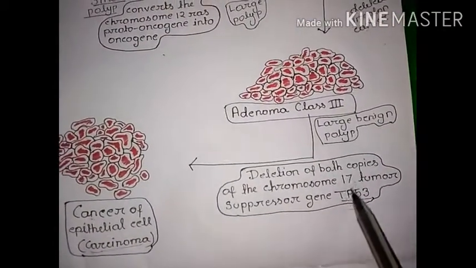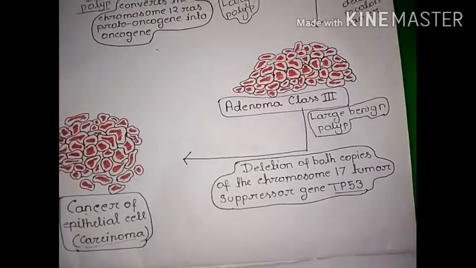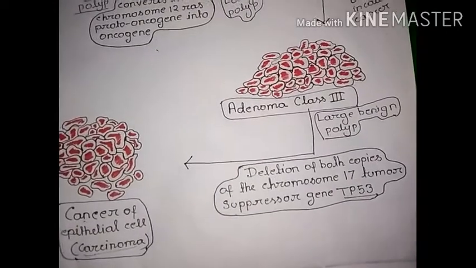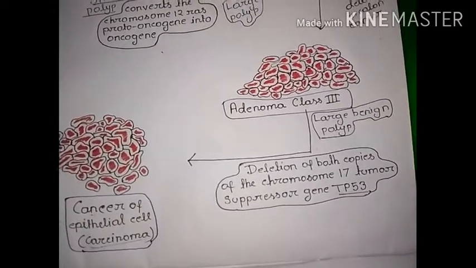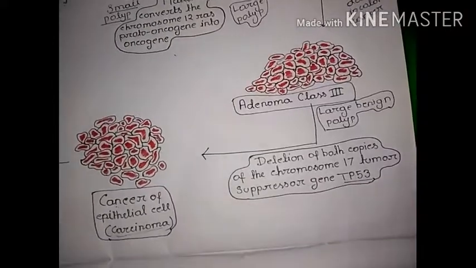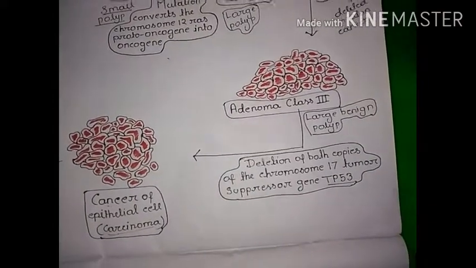When both copies of P53 are mutated, it cannot repair the DNA damage, or it cannot force the cell to undergo apoptosis.